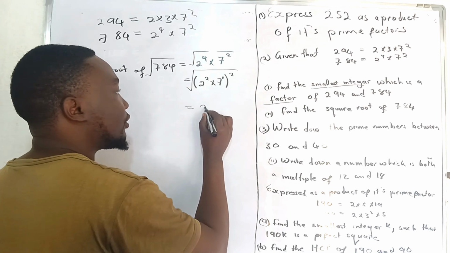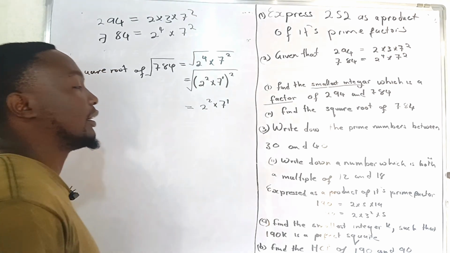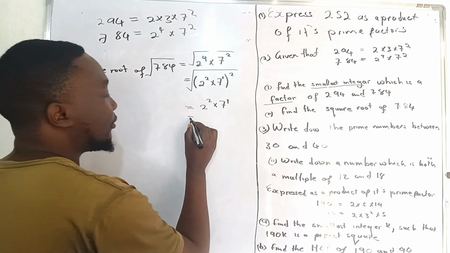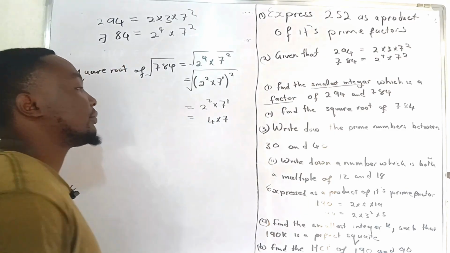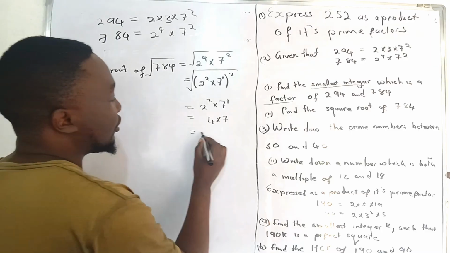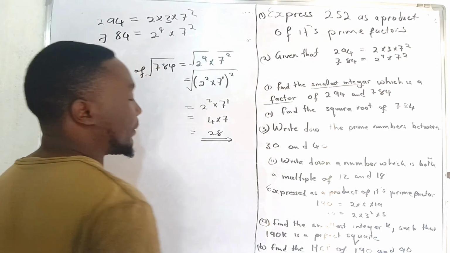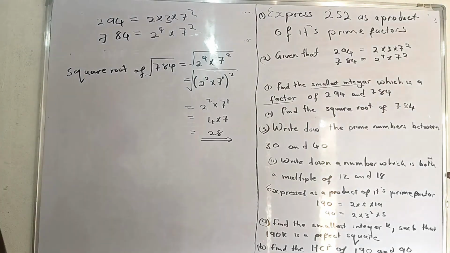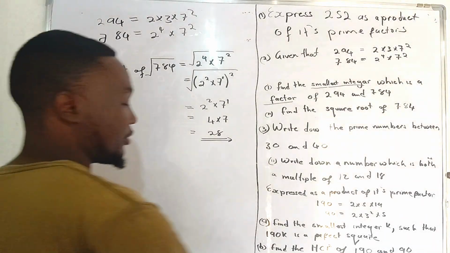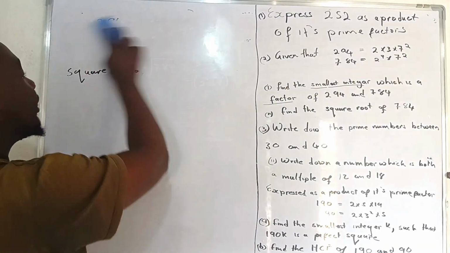So you remain with 2 squared multiplied by 7 to the power 1. 2 squared is 4. 4 multiplied by 7 is 28. That's your answer for the second part. So let's move on to the next question.